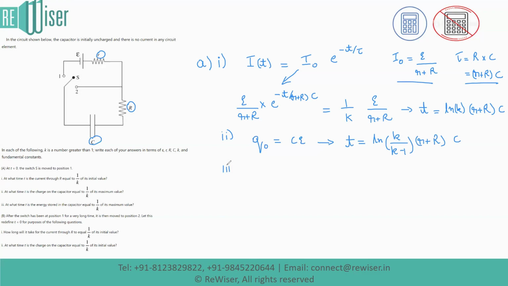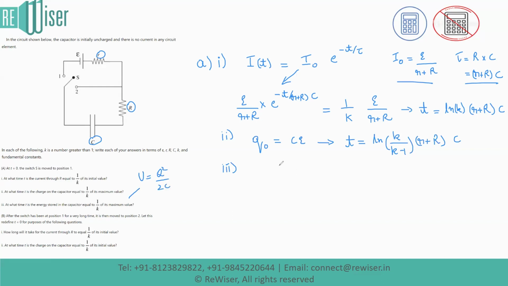Moving on to part 3. They are asking at what time is the energy stored in the capacitor equal to 1 by K times the maximum value. So we know that the energy stored can be written by the formula U is equal to Q square divided by 2C.